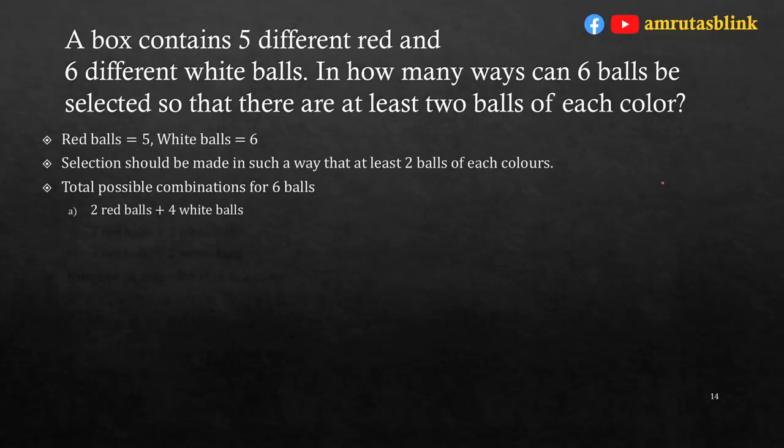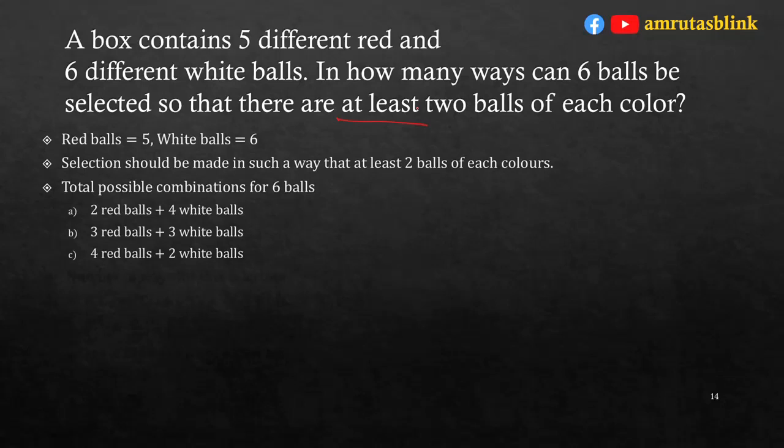In the first case we can select 2 red balls and out of 6, the remaining 4 will be white balls. Now in the condition it is given that at least 2 balls of each color. So we can also have 3 red balls and 3 white balls, and we can also have 4 red balls and 2 white balls.